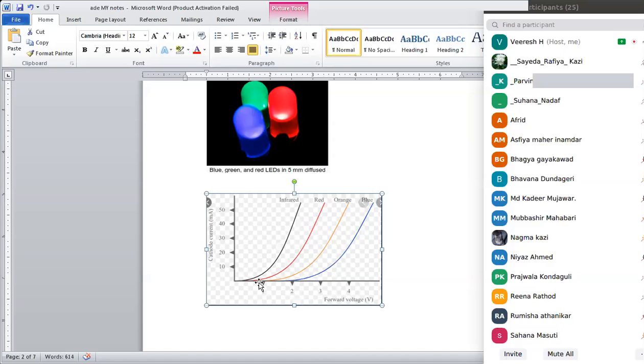Now, if I increase the voltage level, a slight red LED is going to be generated at around 2.5 volts, and it goes on. For 3 volts, it is around orange color, and for 4 volts at maximum, it is around blue color.